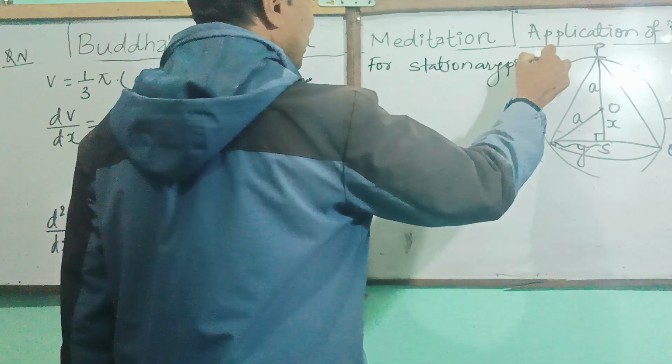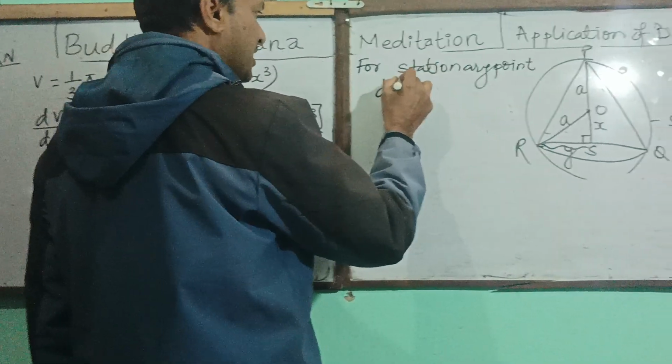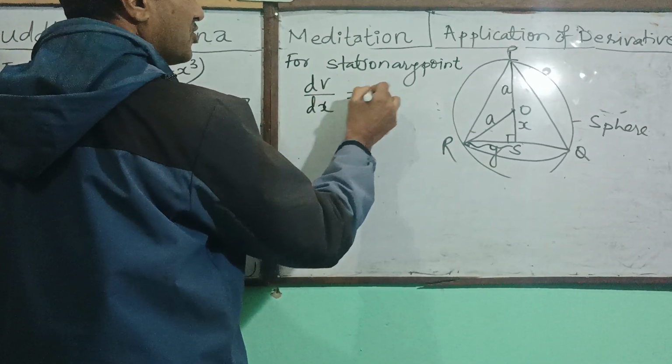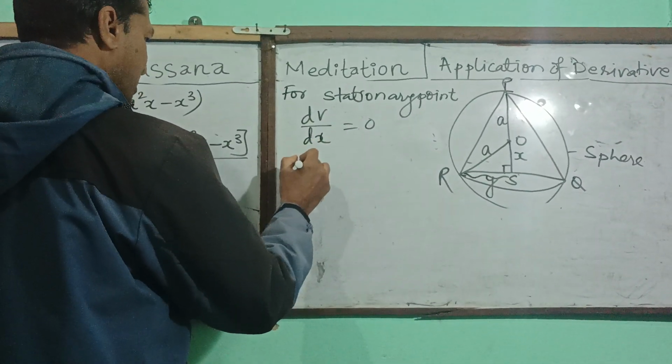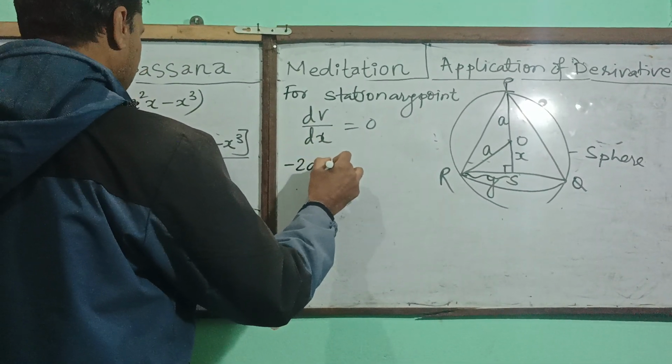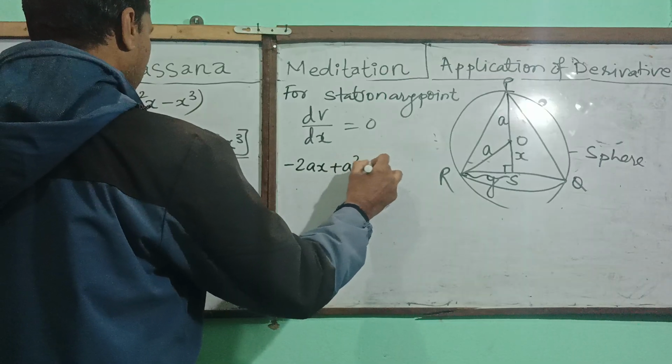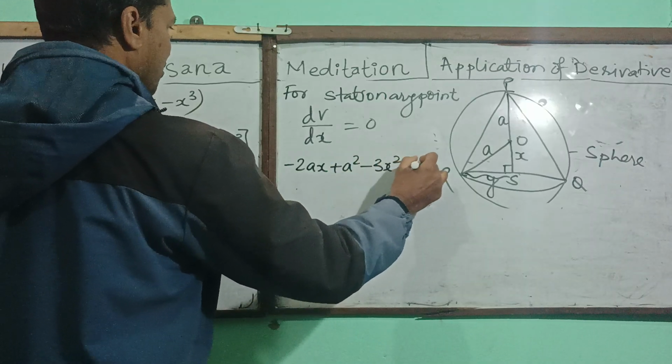For the stationary point, dV upon dx is equal to 0. So dV upon dx means we are getting over here minus 2ax plus a square minus 3x square is equal to 0.